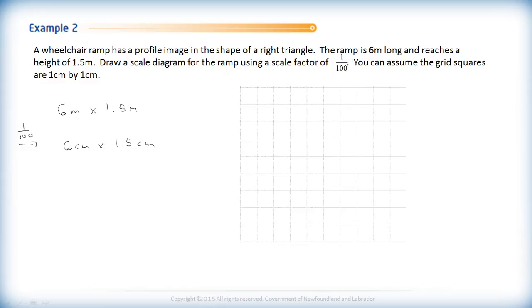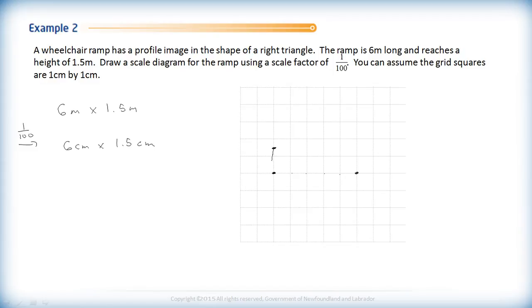Okay, so we divide everything by 100 and we get that. So if I'm going to draw this, all I have to do is draw a diagram that's going to be 6 centimeters long. And if this is 1 centimeter grid paper, 2, 3, 4, 5, 6 to there, and then 1.5 centimeters tall, right to there.